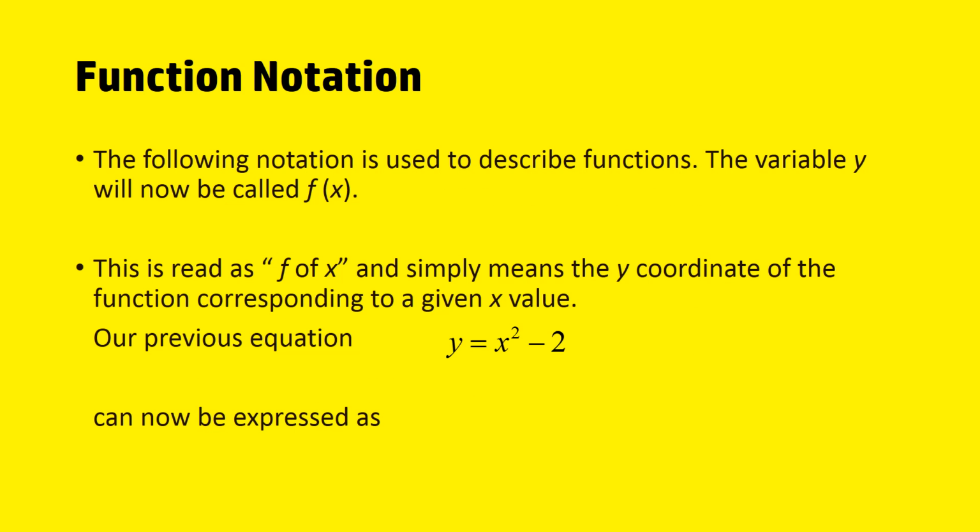The following notation is used to describe functions: f of x. It's not f times x, it's f of x. Keyword there: of. So we could say f of x equals x squared minus 2.